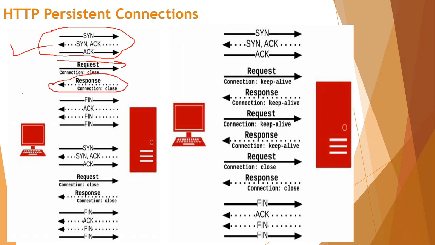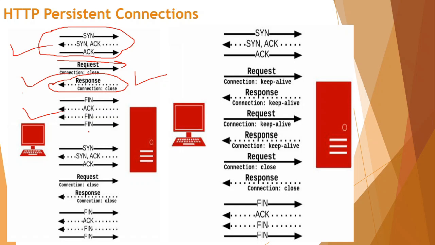After the request and response, the client reinitiates the TCP three-way handshake session. So after each request and response, the client needs to reestablish the TCP connection. From a performance point of view, it is not an efficient way.